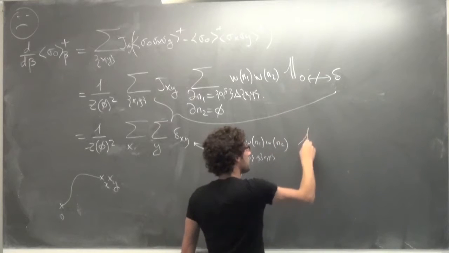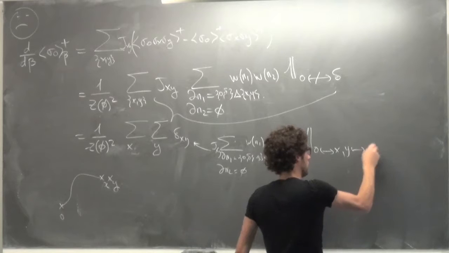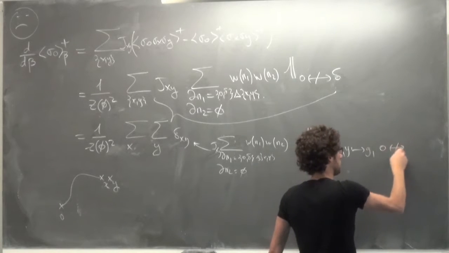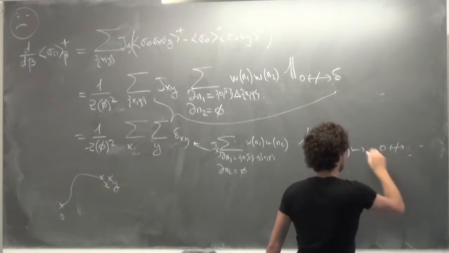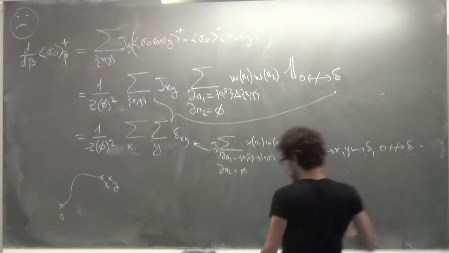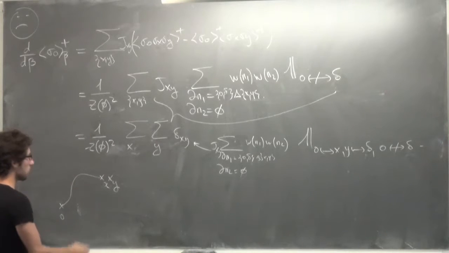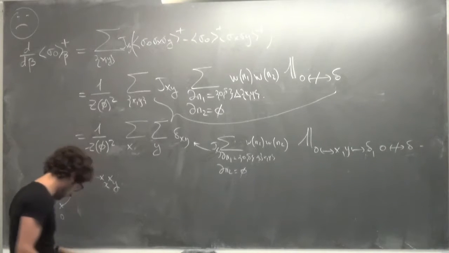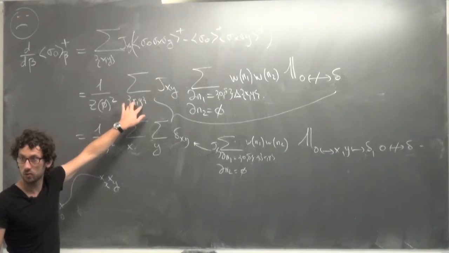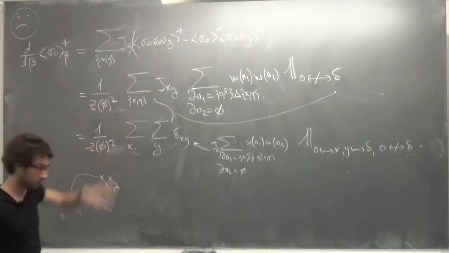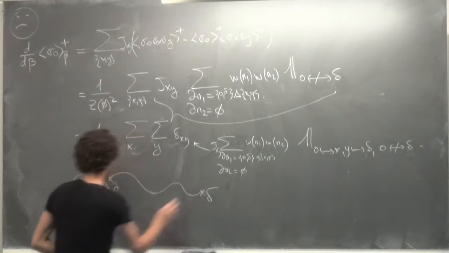But I'm going to add the indicator that 0 is connected to x, y is connected to ghost, and 0 is not connected to the ghost, delta. I'm going to make this mistake more than once because I'm used to calling it ghost. So the only thing I did is that in the pair xy, I said that x is the one connected to 0 and y is the one which is not. So now I really have this picture.